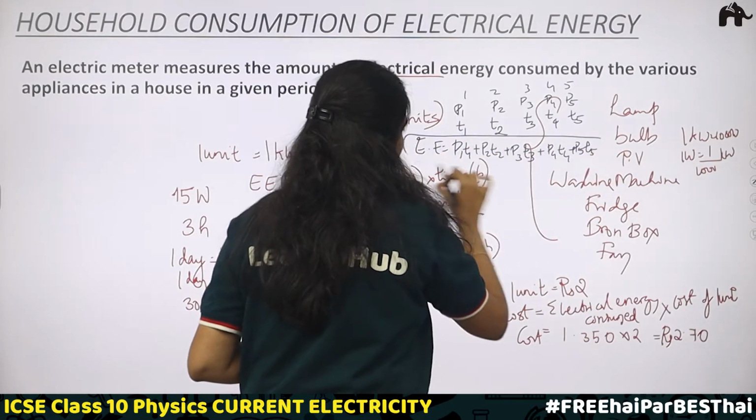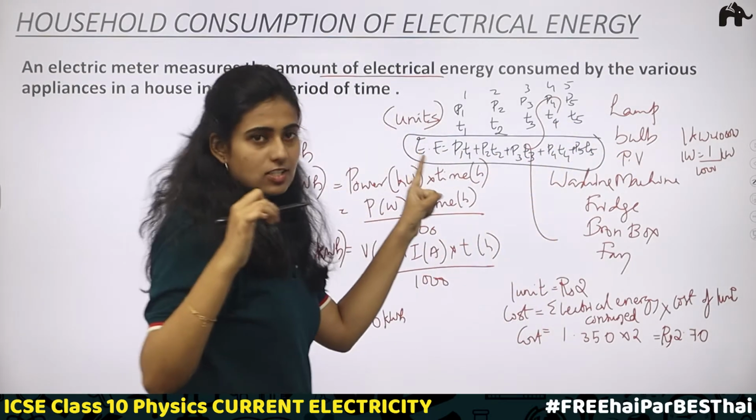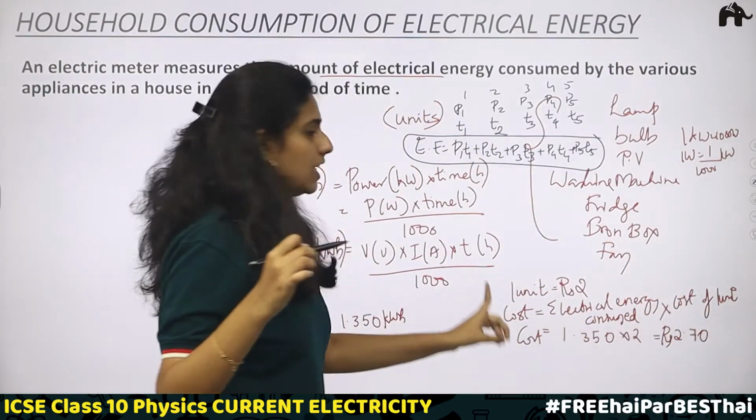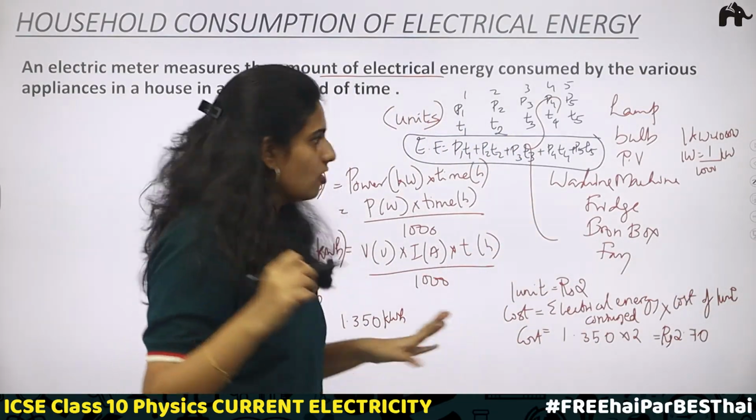This will give you the electrical energy, and then after calculation, multiply it with the cost of 1 unit, and you will get the total price or total cost.